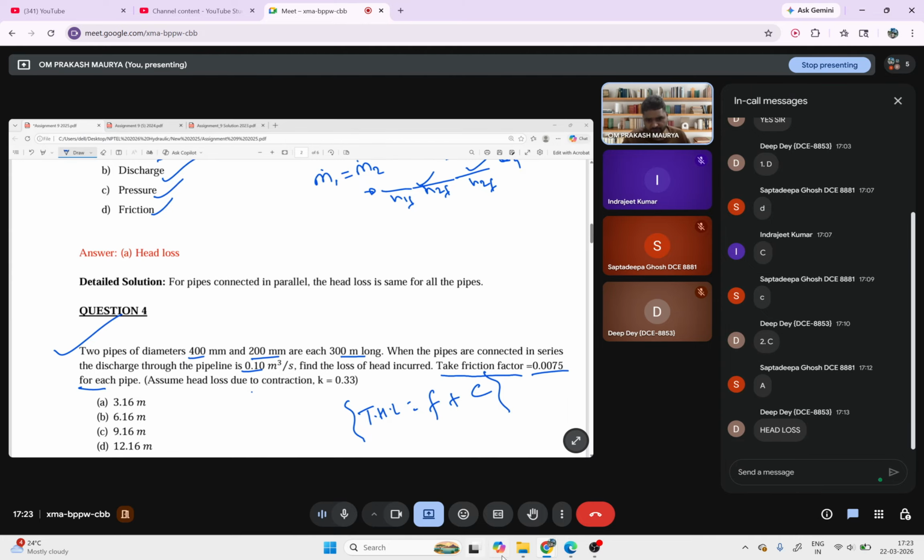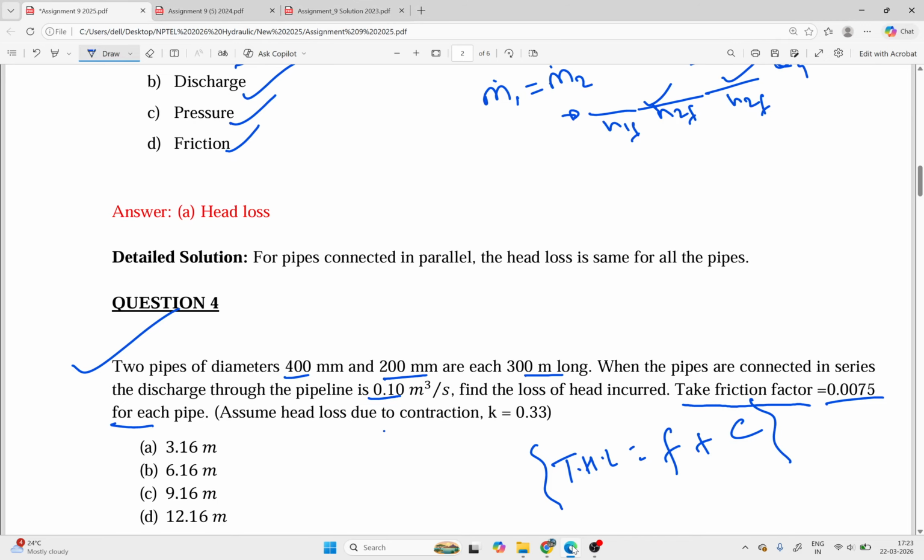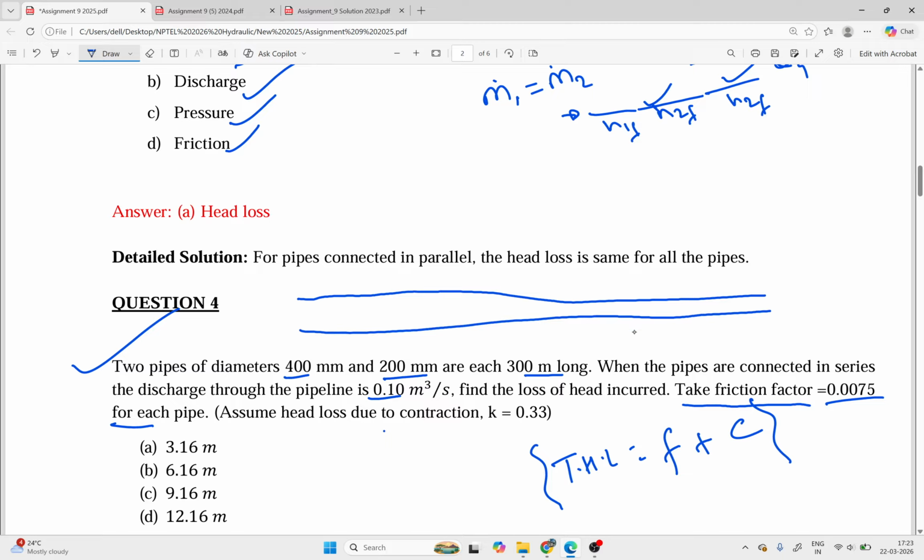Okay, so let me explain. Here you have two pipes, one is your 400 mm, another is your 200 mm, like that. This is your 400, this is your 200.